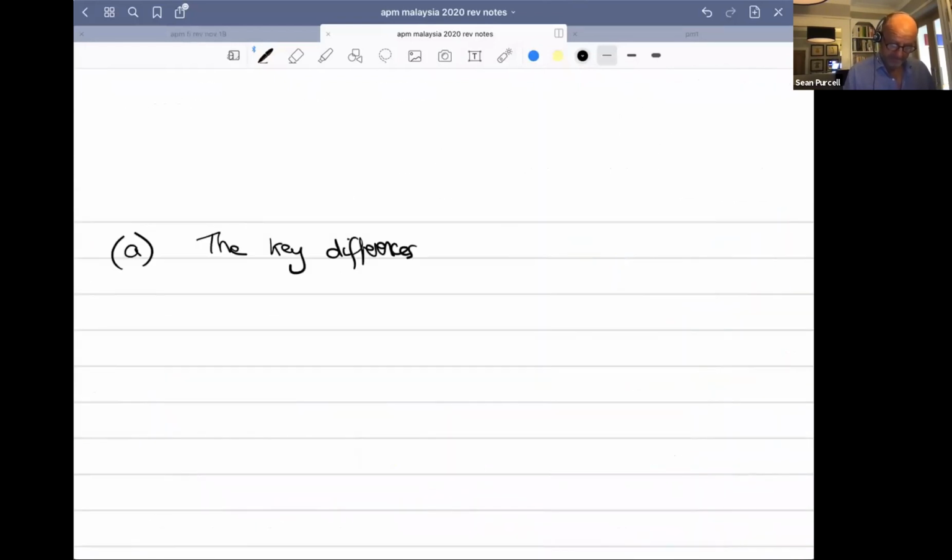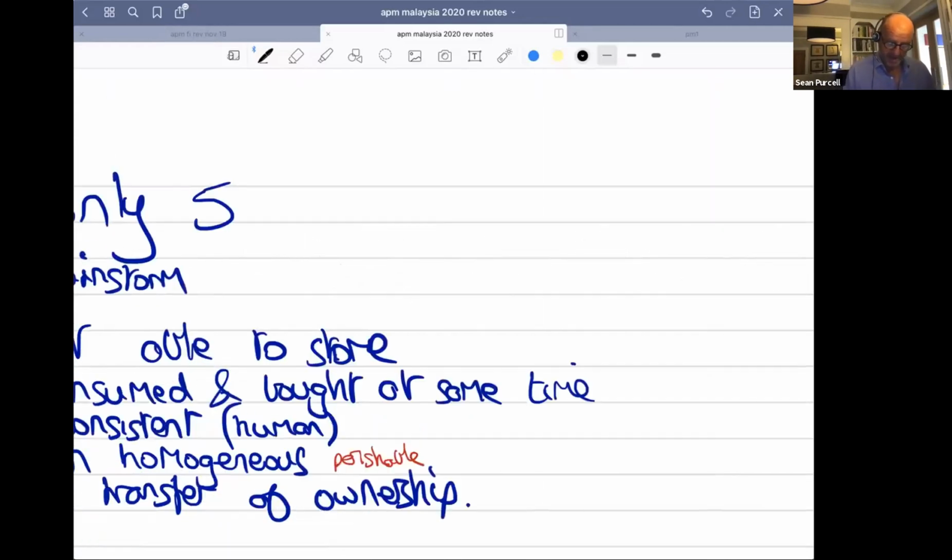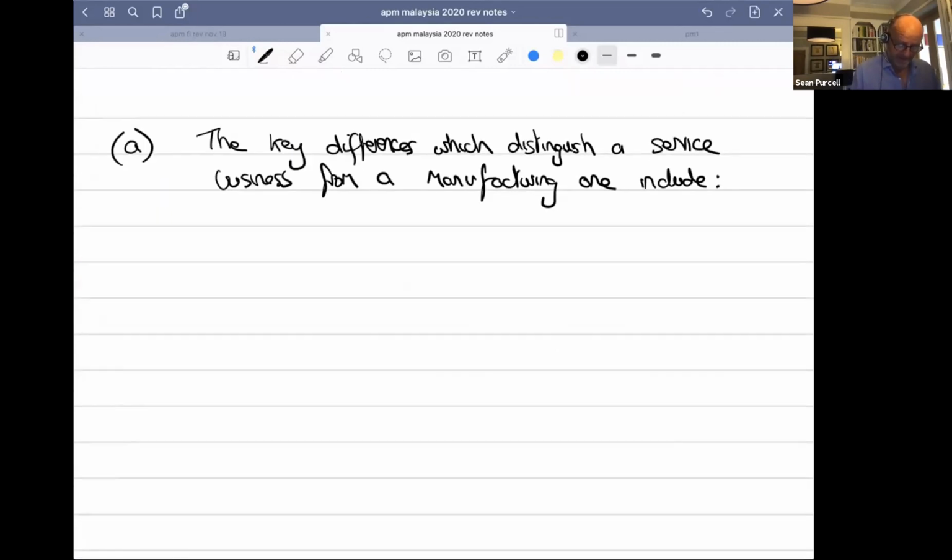The key differences which distinguish a service business from a manufacturing one include, and because I've done a brainstorm and a plan, I would say, I might say they're perishable.